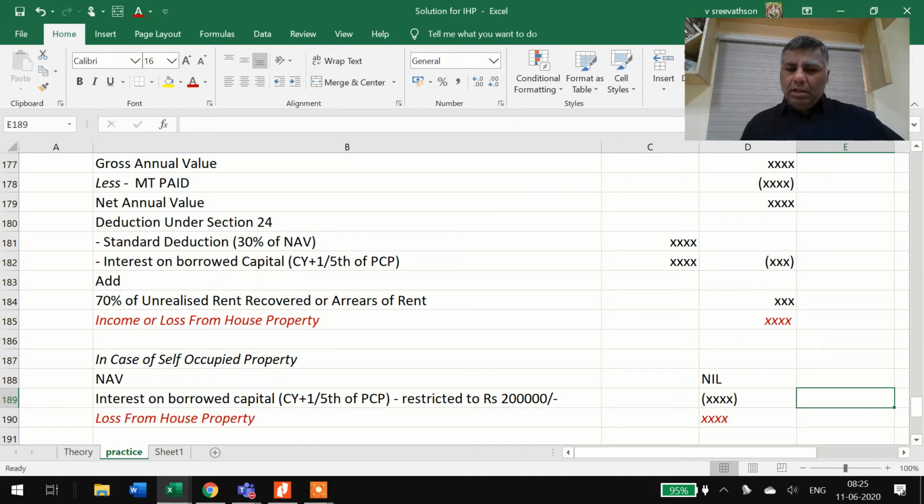The loss from house property in the case of self-occupied. So this is how it arises.